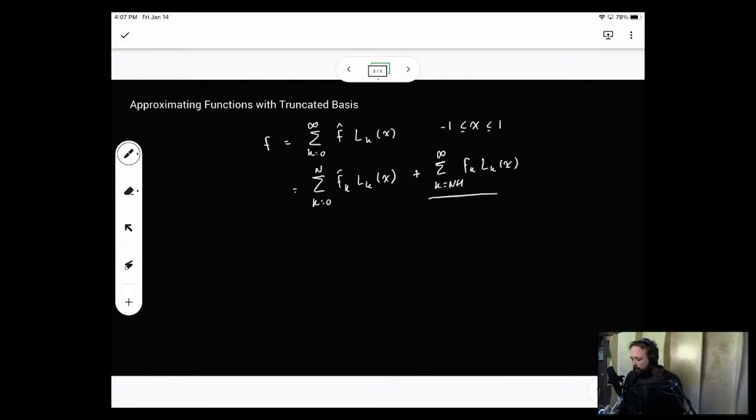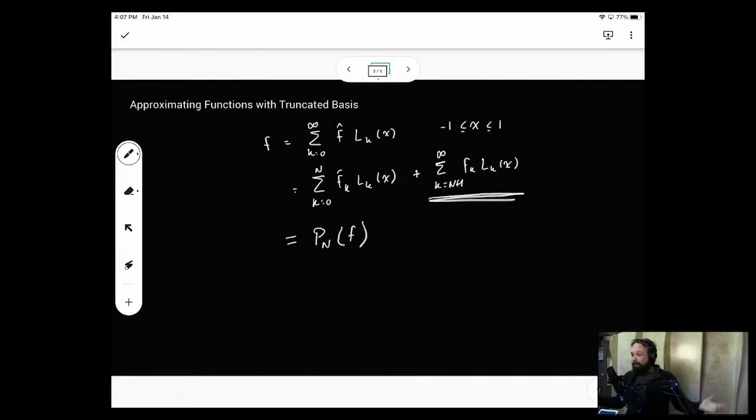This term on the right-hand side is really the thing that I'm throwing away, so it's going to be the thing that houses all of the error that I incur from doing this sort of finite truncation. Notationally, this is called the projection of f onto the polynomial space of degree n.